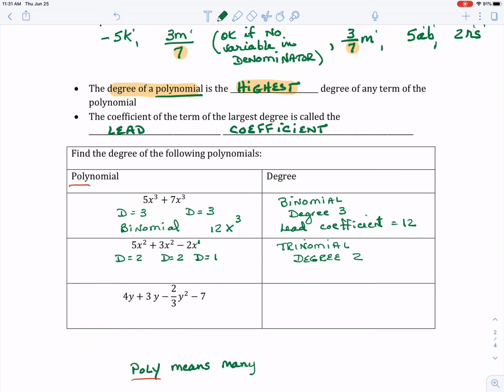And actually, if we were working this, I would go ahead and combine those first two terms because they are like terms and tell you that the lead coefficient, that is the coefficient on the highest degree term, in this case, is 8.